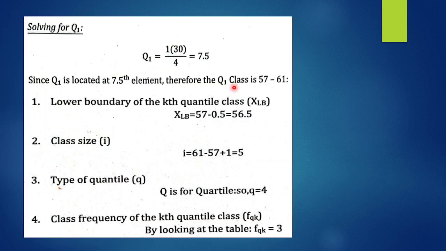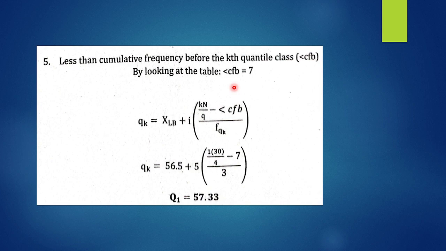So we do have the necessary data in order for us to answer the QK, the first quartile. QK is equal to XLB plus I, the class size, multiplied to the quantity KN over Q minus the less than CFB, all over FQK. So we substitute the data we obtained.